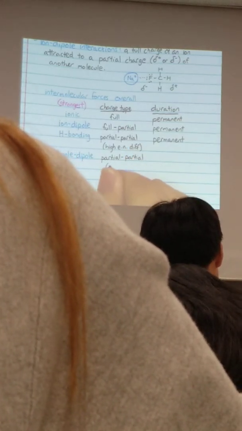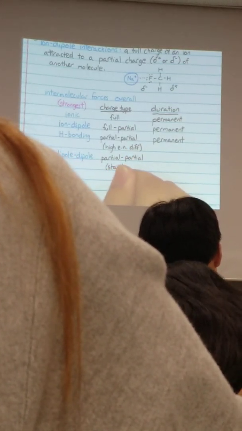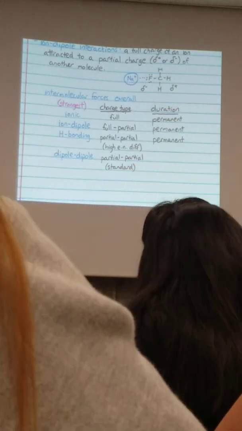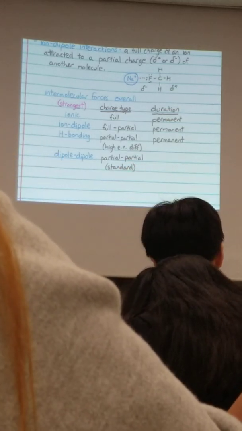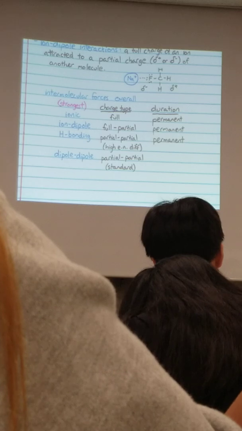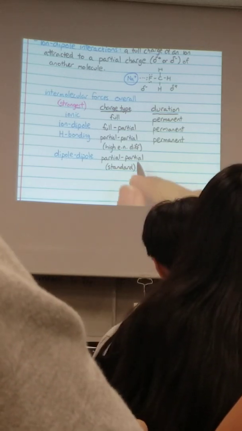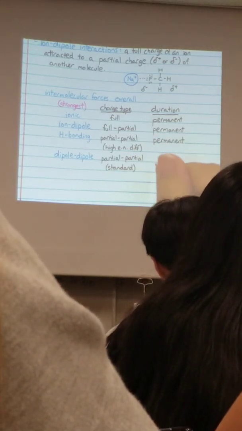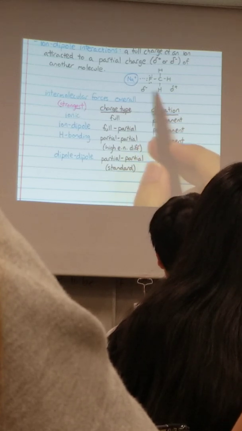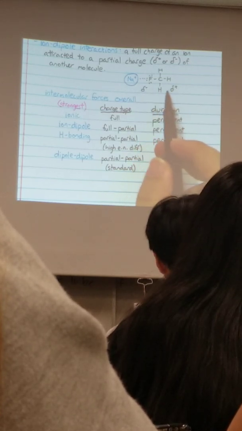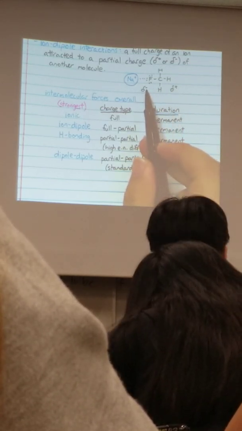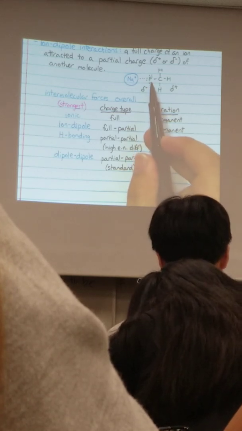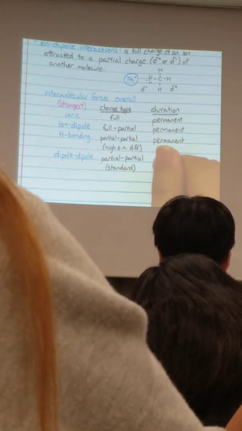And then here I'm going to leave a note, standard. Okay, so we're not too concerned about high electronegativity differences. Again, with dipole, we're not allowed to change where our delta pluses or delta minuses are, because delta minus in this example is always going to be with fluorine, right? So it's still permanent.